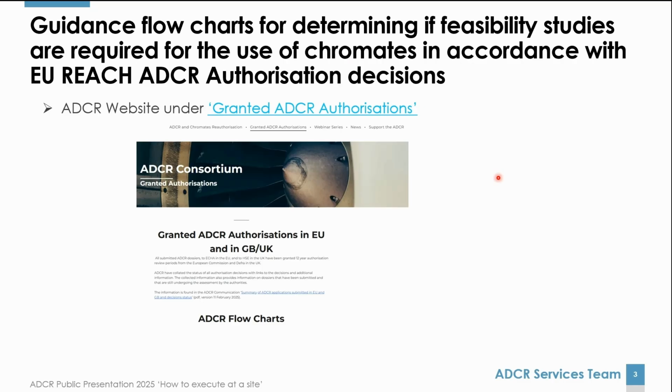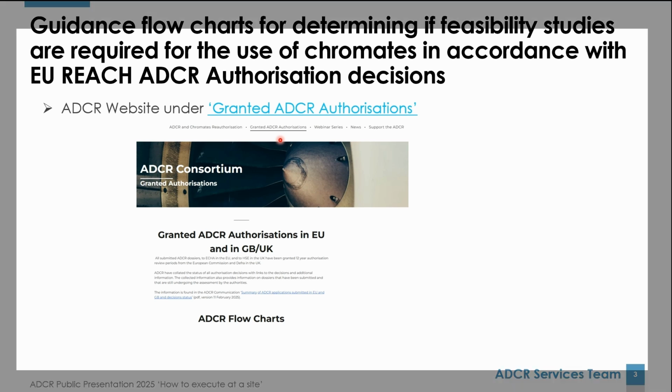In the last part of this presentation, I will present to you the guidance flowcharts for determining if feasibility studies are required for the use of chromates in accordance with the EU REACH ADCR authorization decisions. The flowcharts can be found on the ADCR website under Granted ADCR Authorisations.